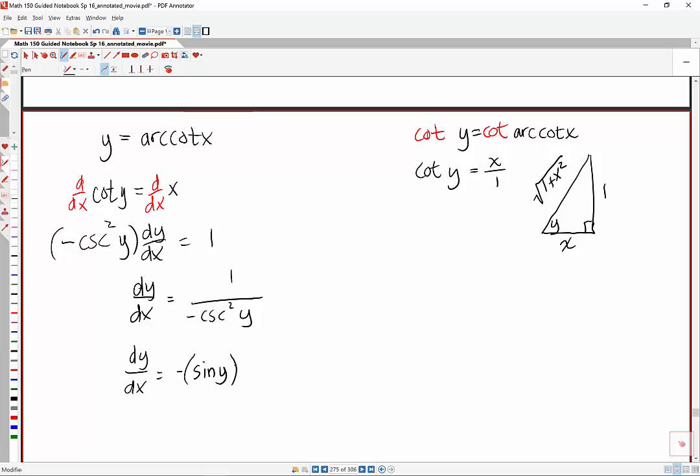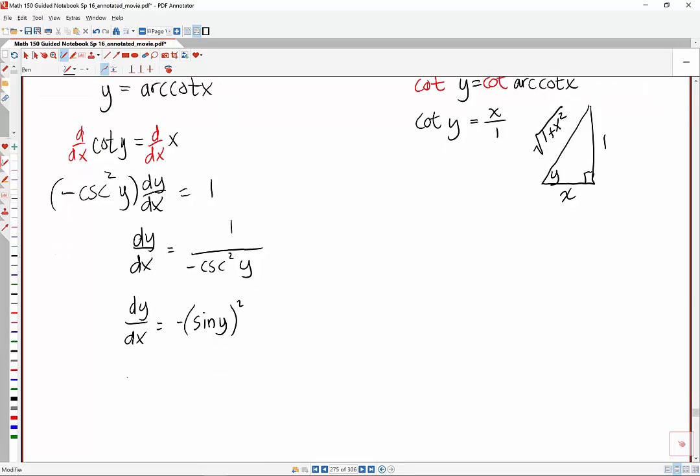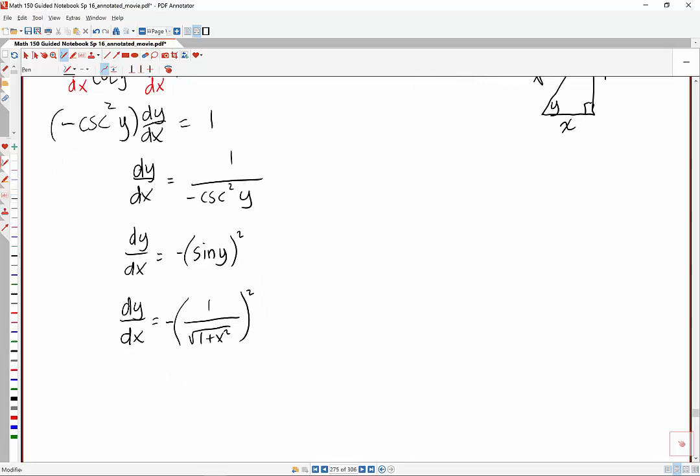And plugging in from our triangle, this gives us negative, so sine at y is going to be side opposite over hypotenuse. So 1 over the square root of 1 plus x squared, the quantity squared. So we'll have dy dx is equal to negative 1 over 1 plus x squared. And we're all done with that.